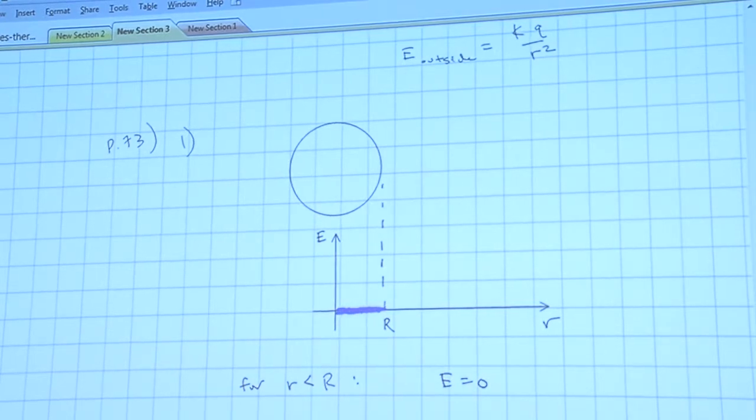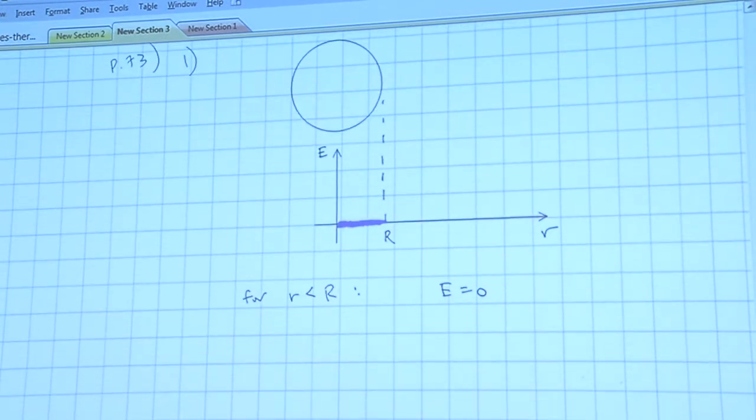Okay. And when we're outside the sphere, treat it like a point charge. So this will be KQ over capital R squared, and then it drops off as 1 over R squared from there, right?